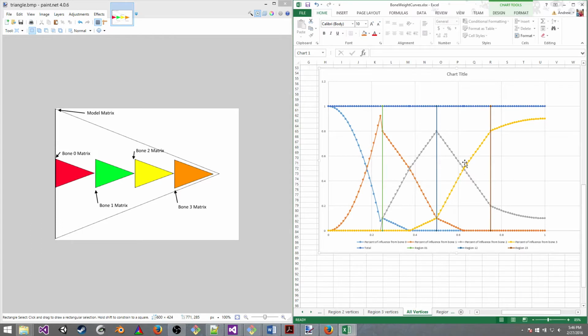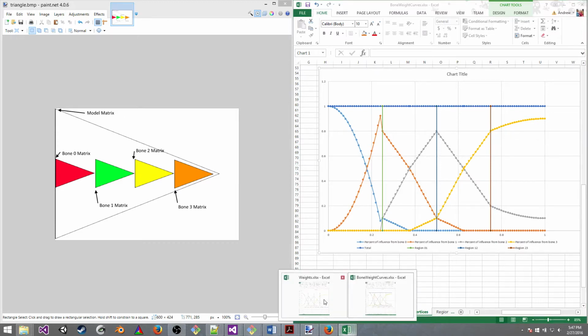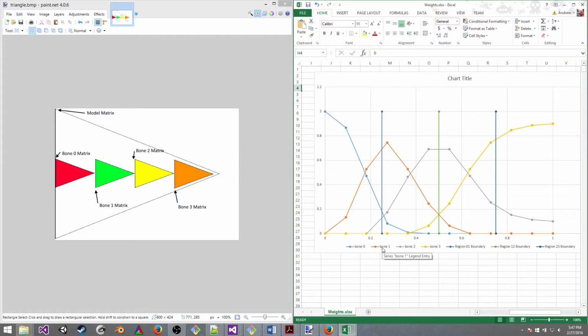The vertices in region 2 are influenced by bone 1, bone 2, and bone 3. And the vertices in region 3 are influenced by bone 2 and bone 3. And here are the actual bone weights along the y-axis of the model.